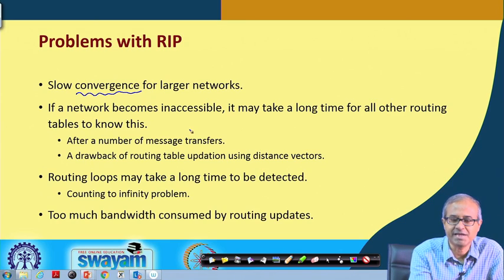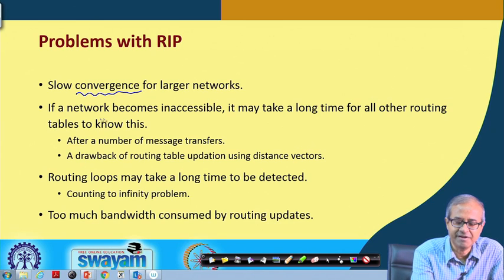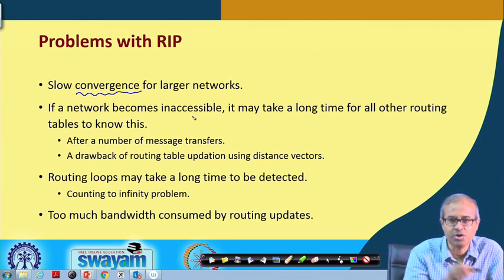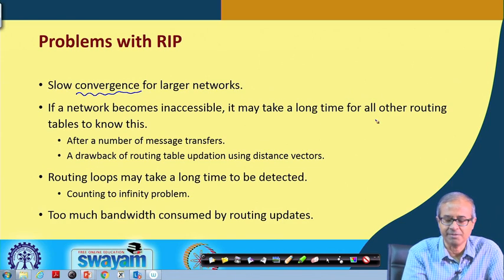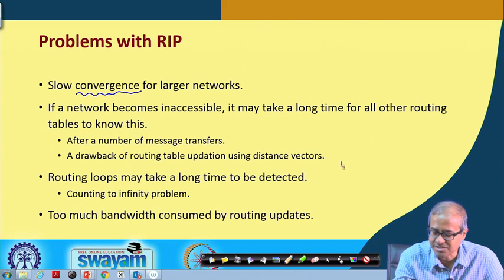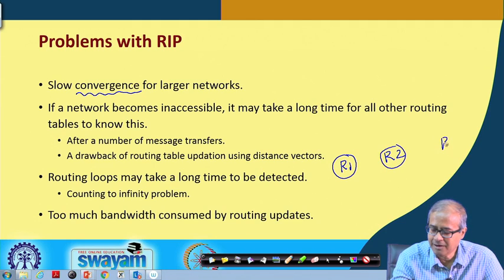So, broadly speaking, as I have just mentioned here, if a network becomes inaccessible due to a link failure, it may take a long time for all other routing tables to know about this. Because you see, I am giving a very small example. Let us say R1 is there, R2 is there, R3 is there, and let us say R4 is there.